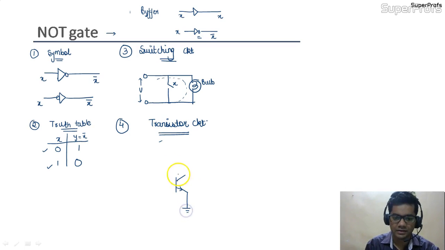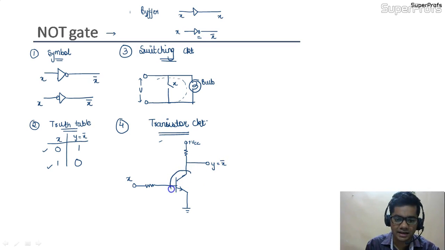We are applying ground voltage. This is our base, and we are giving an input X. Now at the collector there is a voltage level plus VCC, and the output that we are taking would be from this point, that would be Y, which is equal to X bar.